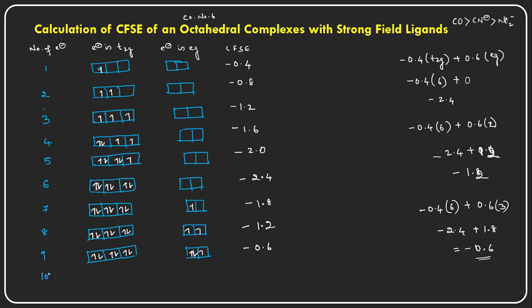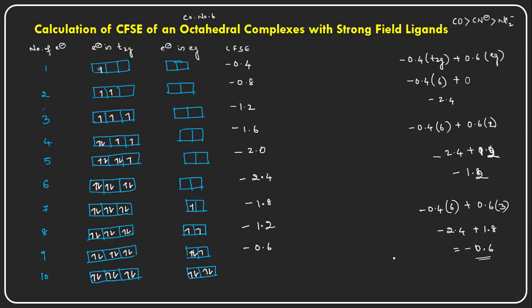And then if the tenth electron is there, it means the orbitals have all paired electrons in the T2g as well as the Eg orbitals. Zinc complexes normally have this kind of electronic configuration. So zinc plus 2 ions: all the 6 electrons are there in the T2g orbital, and the Eg orbital also has 4 electrons.